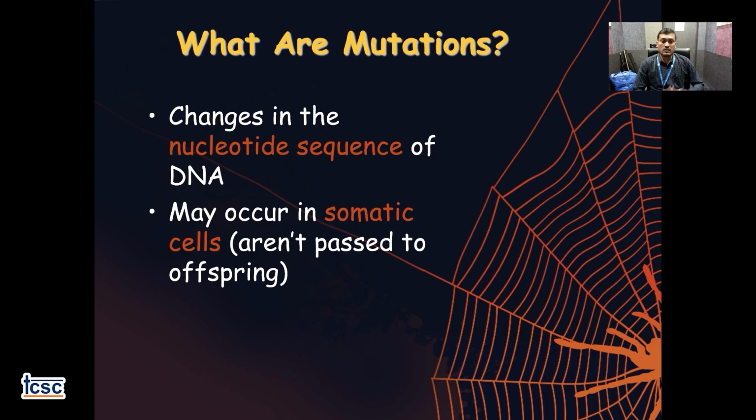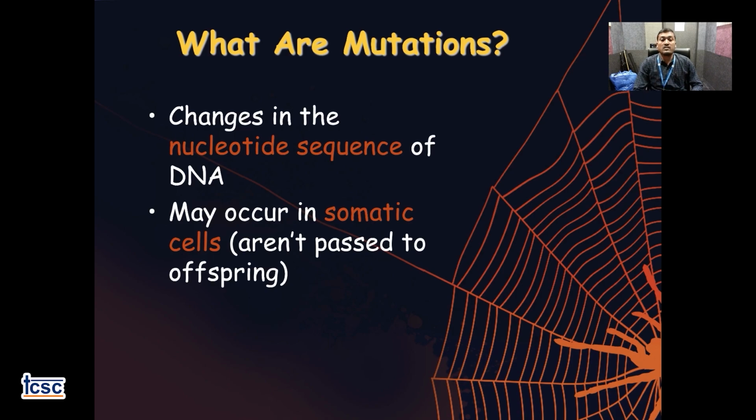Let's discuss what will happen if mutation occurs in the somatic cell. If mutations occur in a somatic cell, then only that individual will suffer from that kind of effect. It's called somatic cell mutation. And if mutation occurs in the germ cell, then the F1 generation will suffer from that kind of effect.